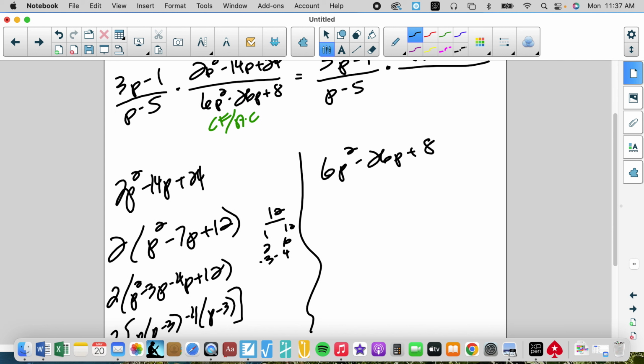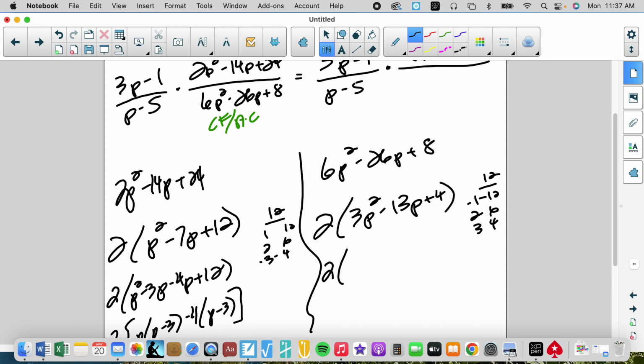We can factor out a 2. 3p squared minus 13p plus 4. So that's 12, that's 1 and 12, 2 and 6, 3 and 4. Signs are the same, both negative. Negative 1 and negative 12, so that's 2 times the quantity 3p squared minus p minus 12p plus 4.